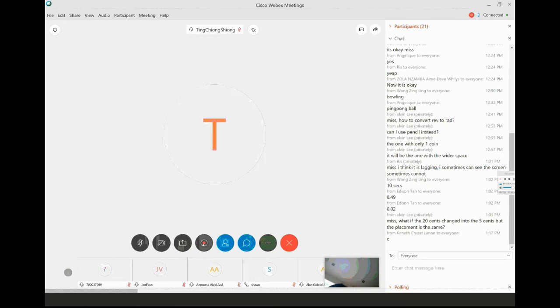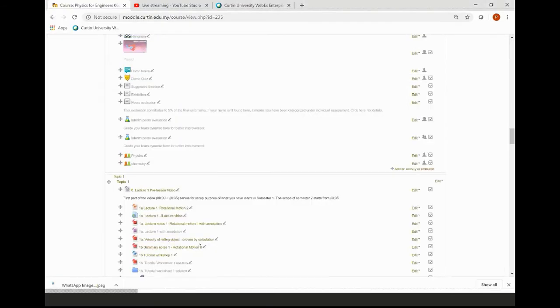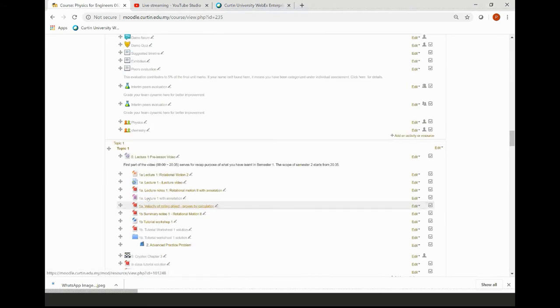Going down to your 1A here, you have velocity of rolling object proven by calculation.